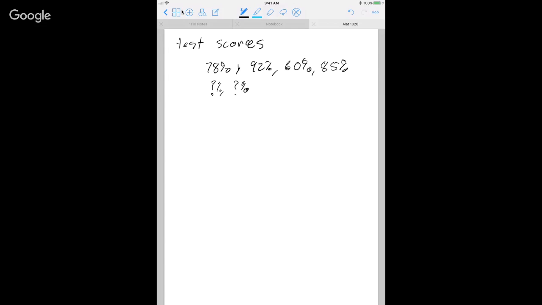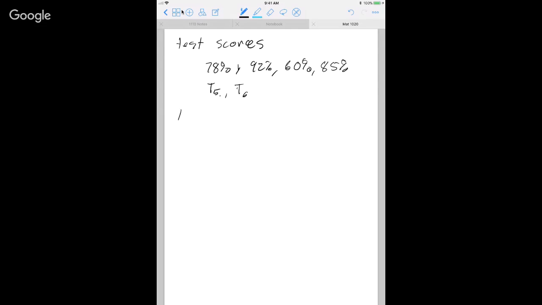Maybe instead of using question marks here, I'll call it test 5, and I'll call this one test 6. So T for test, there we go.